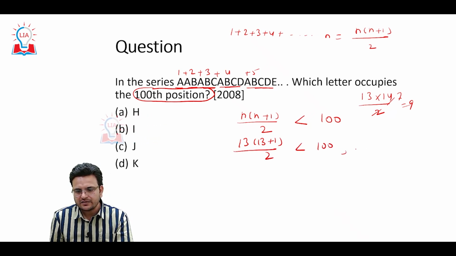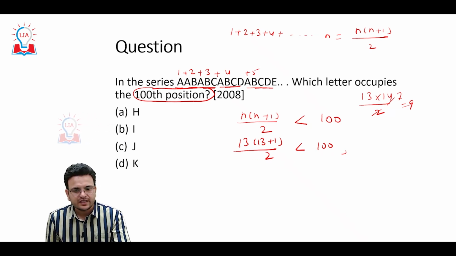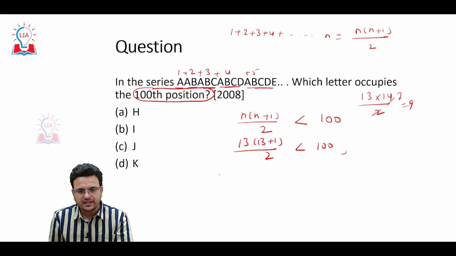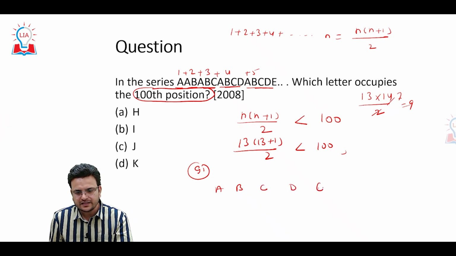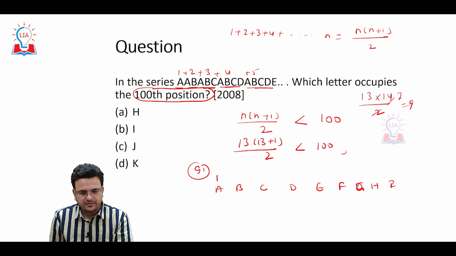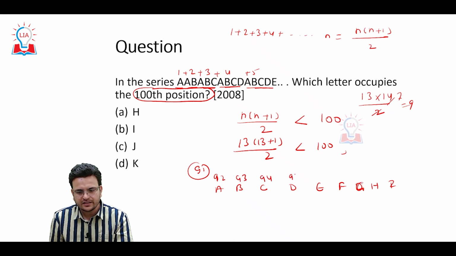After writing 13, we have to write the 14th group as well. So after 91, we write A, B, C, D, E, F, G, H, I, meaning A becomes 92, then 93, 94, 95, 96, 97, 98, 99, and I becomes 100.